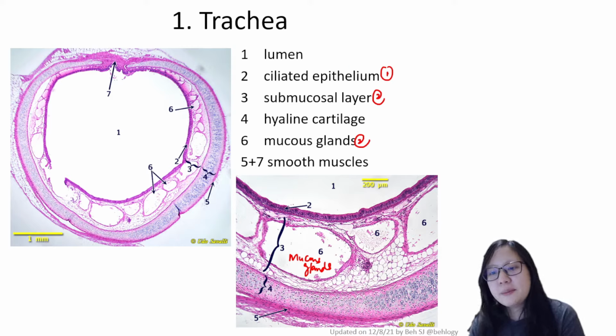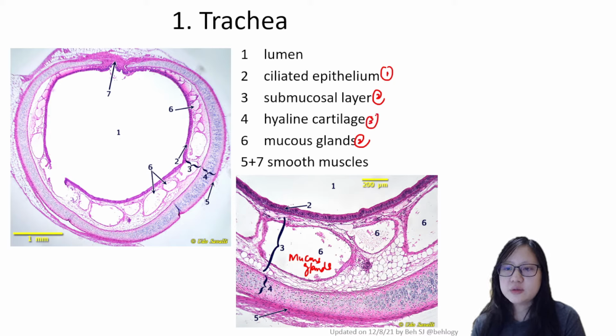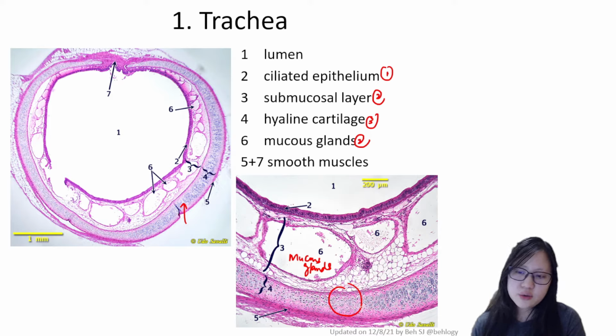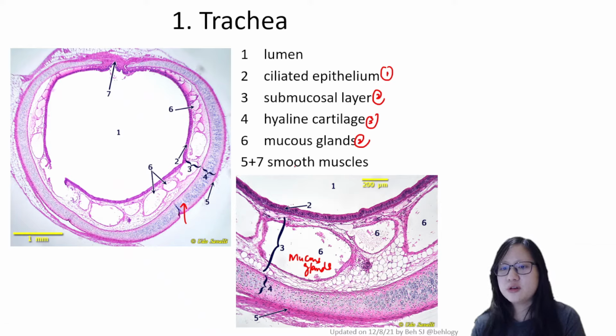So that's the ciliated epithelium, the submucosal layer. Then we have our hyaline cartilage layer, which is our third layer right here. And as you can see again, polka dotty in appearance. Not quite darkly stained here, but polka dot, a bit purplish. You can see a lot of white cells in a sea of pink purplish color.